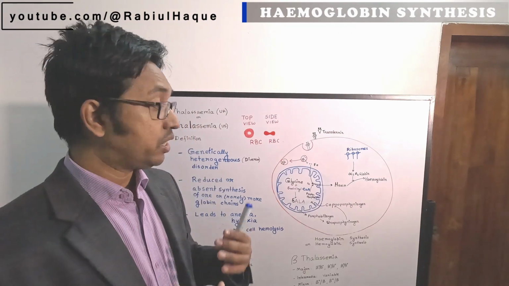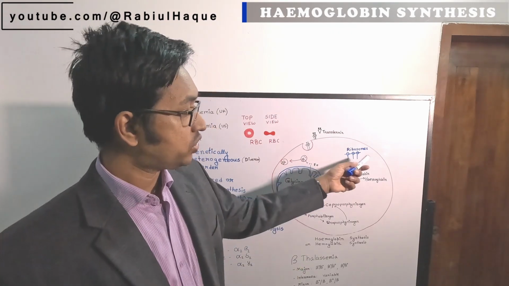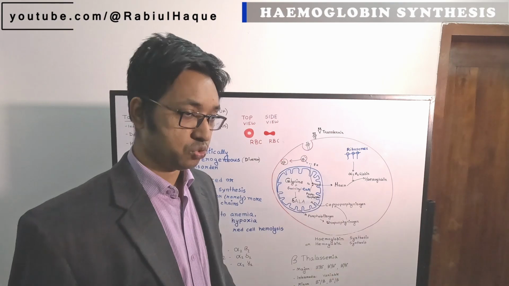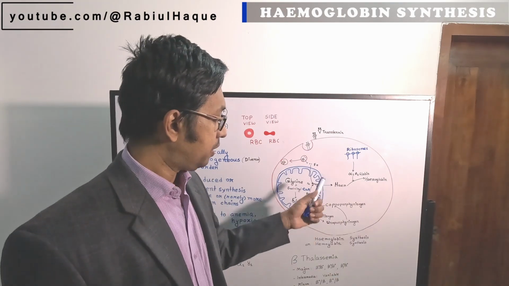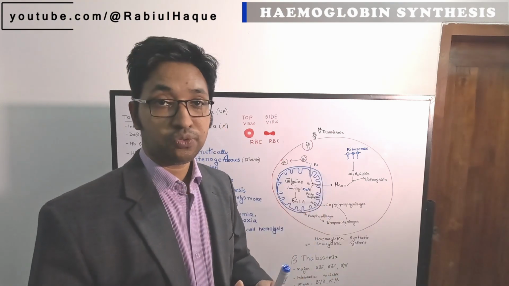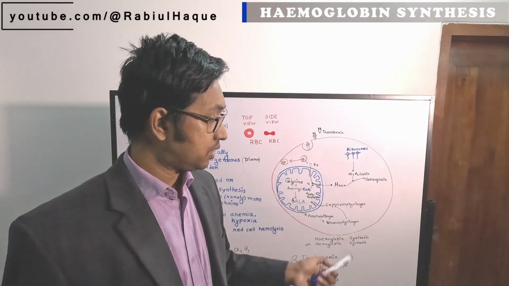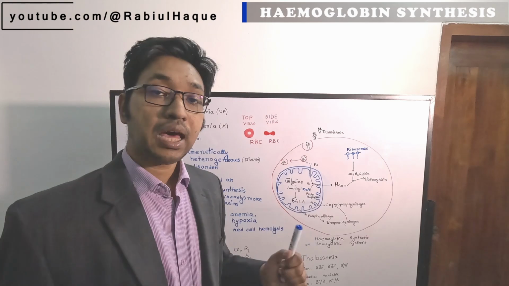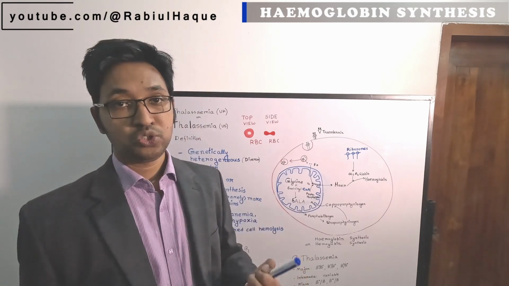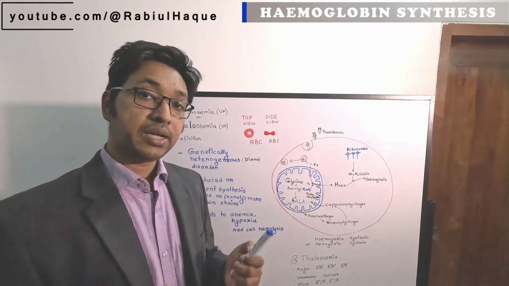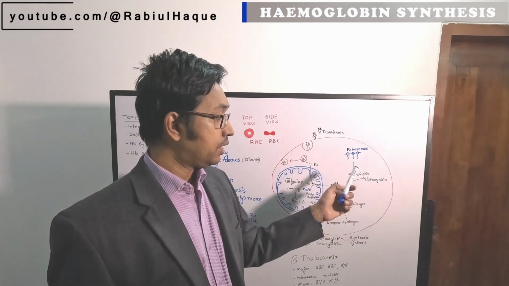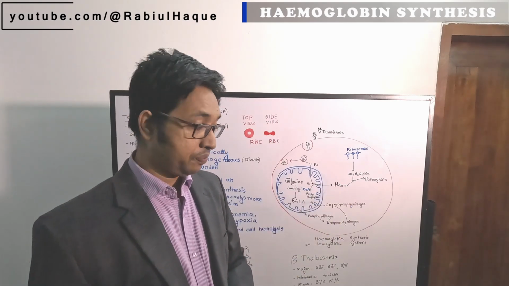And from where are we getting the globin? Globin chains are produced in the ribosome. Always remember that there are several types of globin chain. The most common include alpha and beta. The normal adult hemoglobin, also referred to as hemoglobin A, contains 2 alpha and 2 beta globin chains.